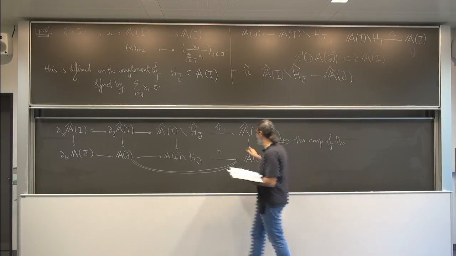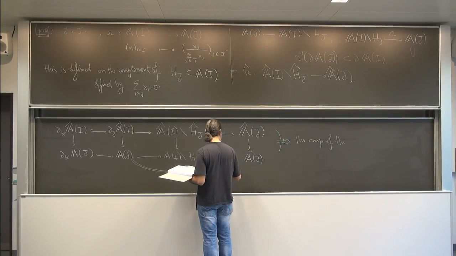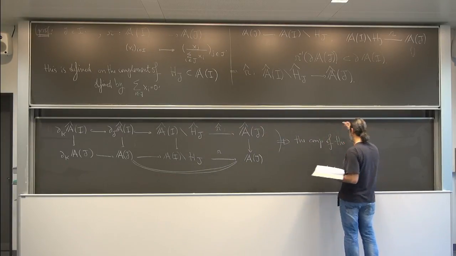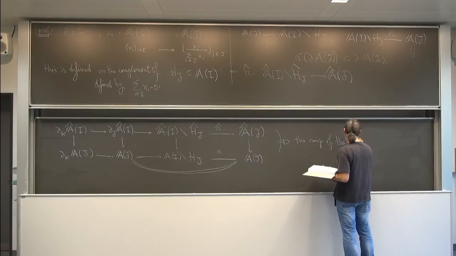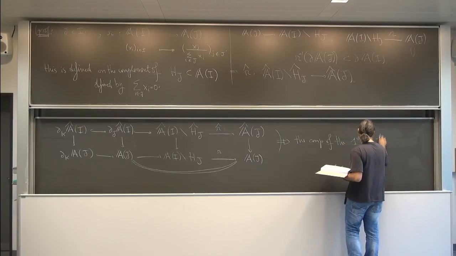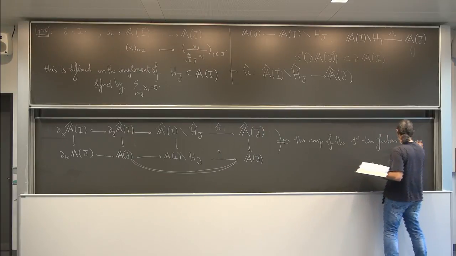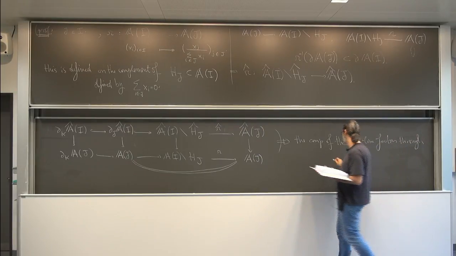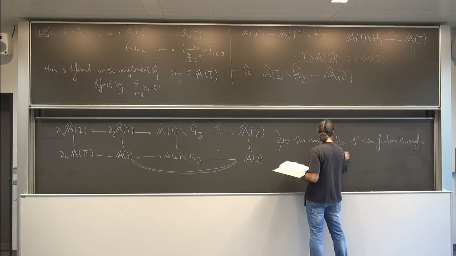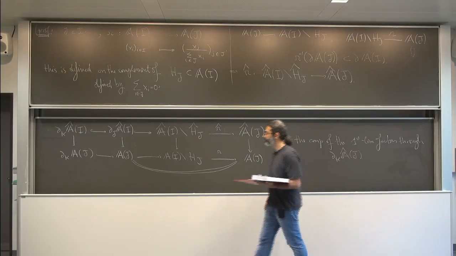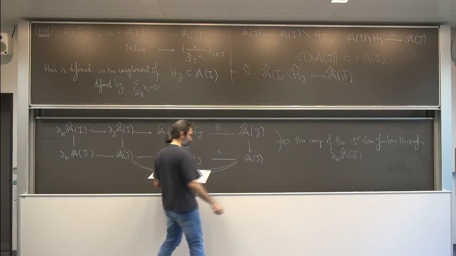the first line factors through partial K G. Okay, and this gives the map that we want.